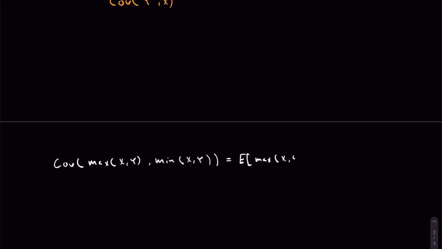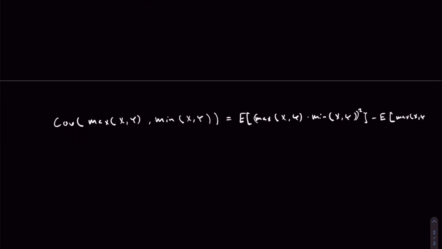So we have the max of x and y, that's just one random variable, multiplied by the min of x and y, and this whole thing squared, minus the expectation of max x, y times min x, y.